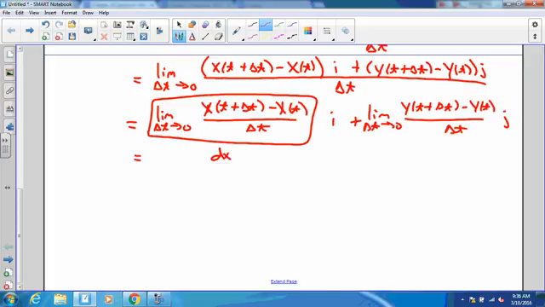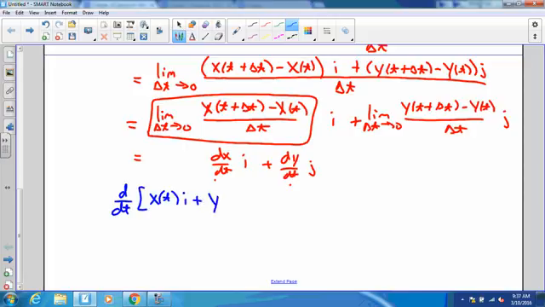Now we examine the quantities on the inside right here, and we can see that this is nothing more than dx/dt times i plus dy/dt times j. In other words, we were able to differentiate our vector quantity simply by walking down term by term.